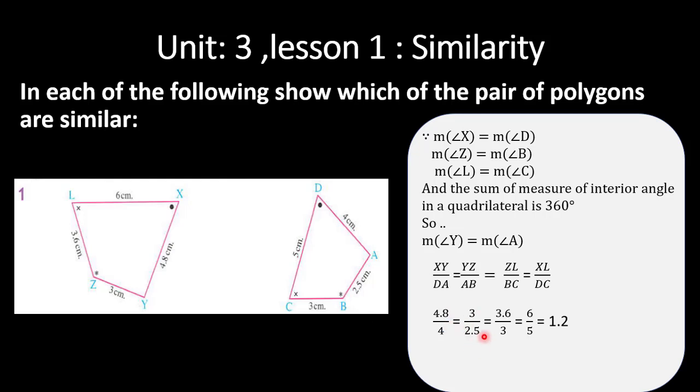And 3.6 over 3, this is ZL over BC, and XL over DC. If we calculate the ratios, each will be 1.2, so this is a constant number. So the two polygons here are similar. So check angles, then check the proportion of sides. So XYZL is similar to DABC.